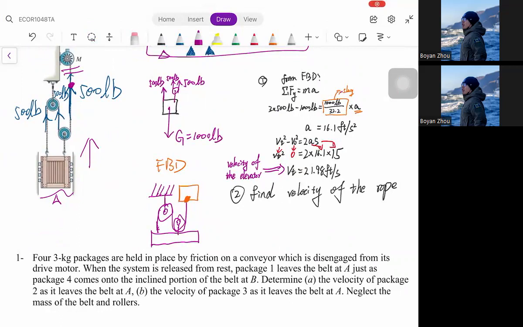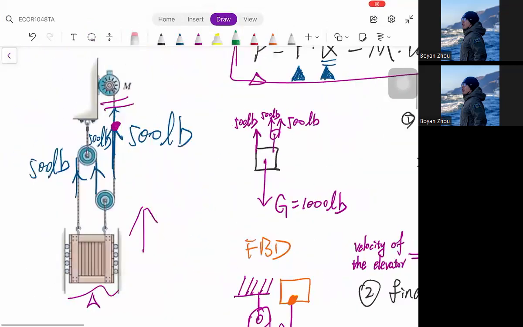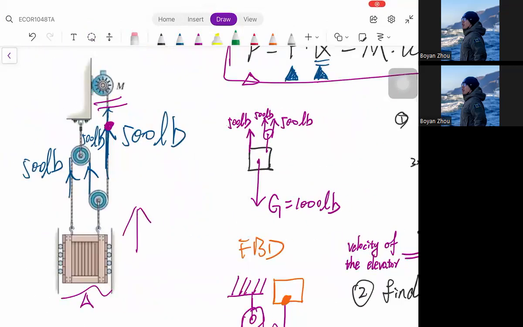And then we're going to pick a reference point. Usually what we do for picking the reference point is we want to pick a point that is not moving at all. For this system, if we pick somewhere over here, when the elevator is going up, the location of this one is actually going up.